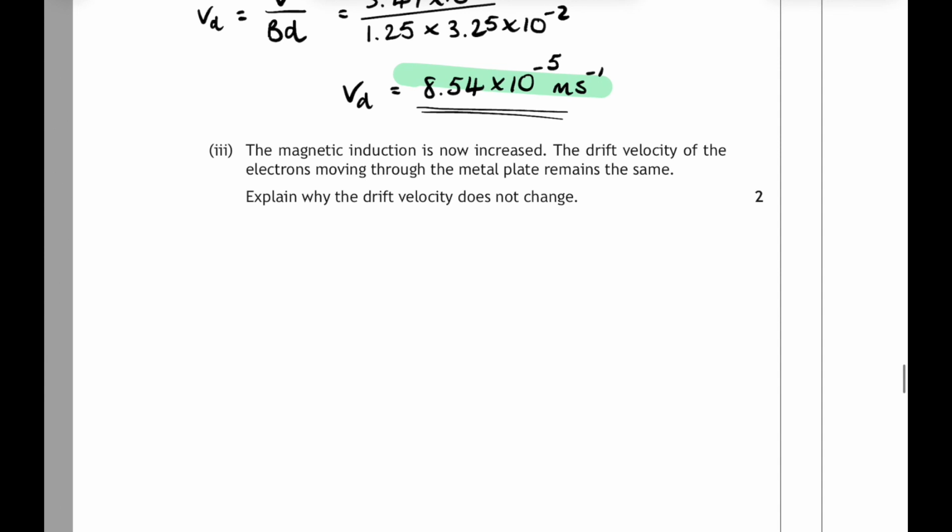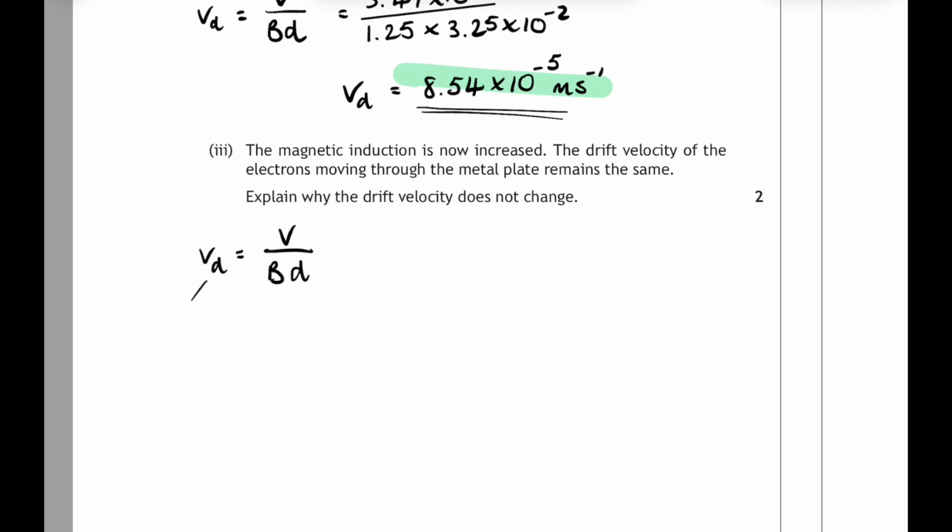Anyway, part 3, the magnetic induction is now increased, and the drift velocity of the electrons moving through the metal plate remains the same. We have to explain why the drift velocity does not change. Well, let's see if we can answer this by looking at the relationship again. So the drift velocity is equal to the potential difference over the magnetic induction times the height of the plates.